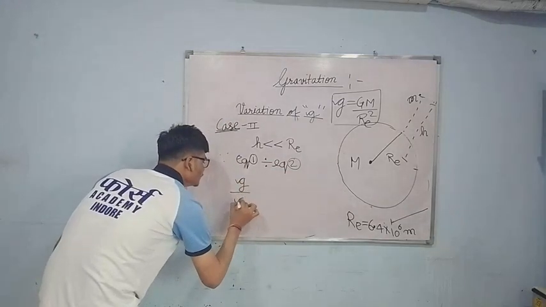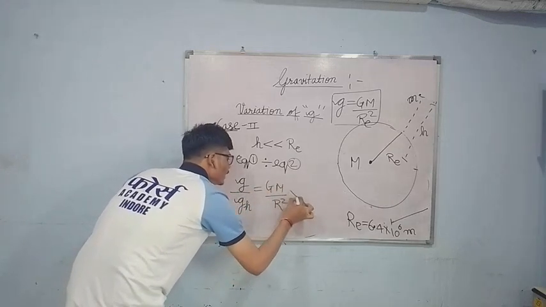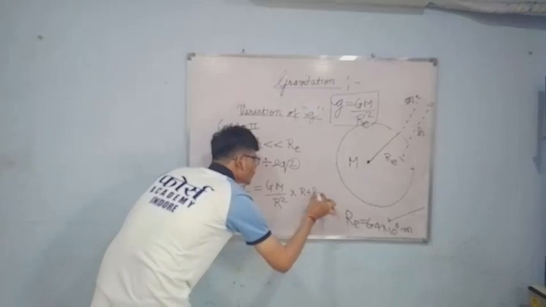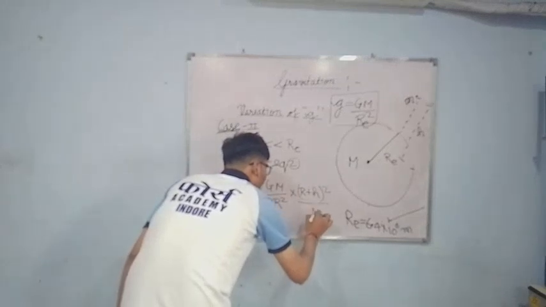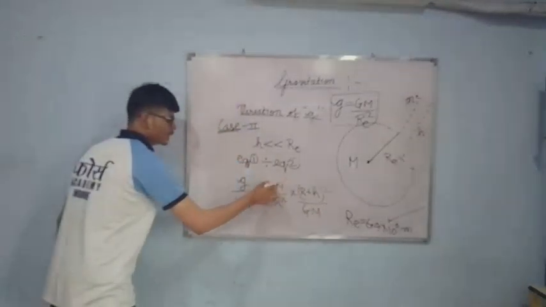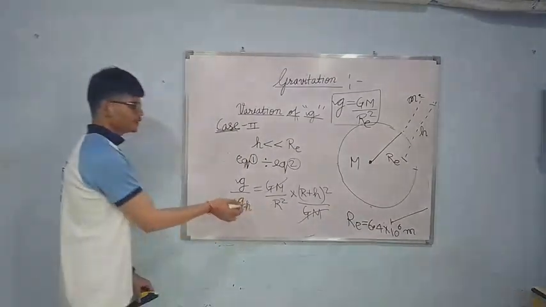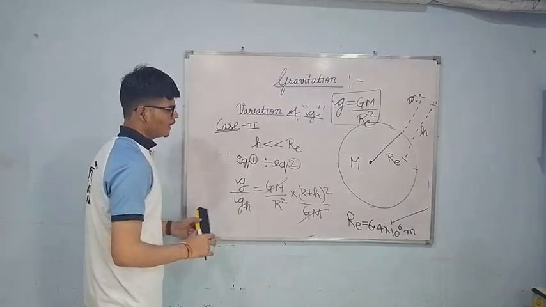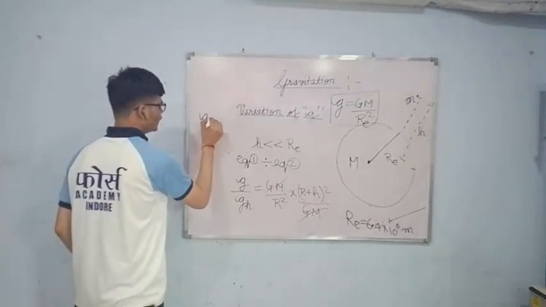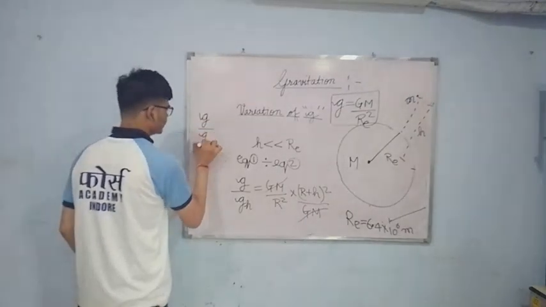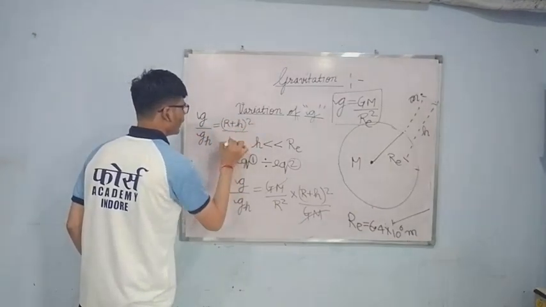g by g_h is equal to GM by R square into (R plus h) whole square by GM. So GM to GM will be cancelled out. Finally g by g_h is equal to (R plus h) whole square by R square.